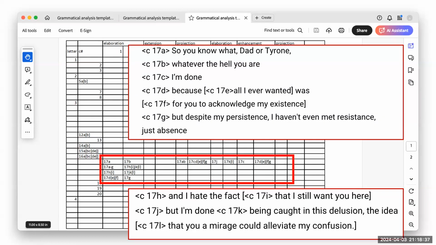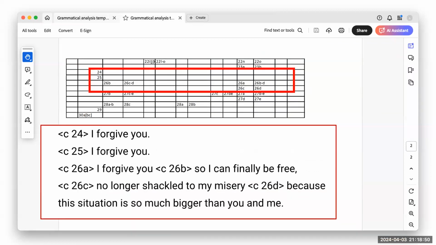So what we just saw, and then 17 has quite a bit of conjunctions and, again, a lot of parataxis, as we notice here. Likewise, when he says, "I forgive you, I forgive you, I forgive you." Again, the simplicity of that stands out, is foreground.